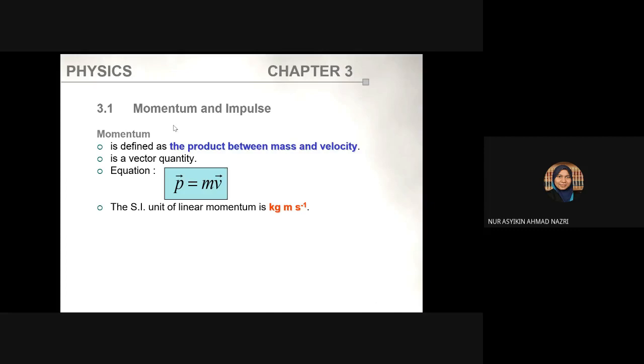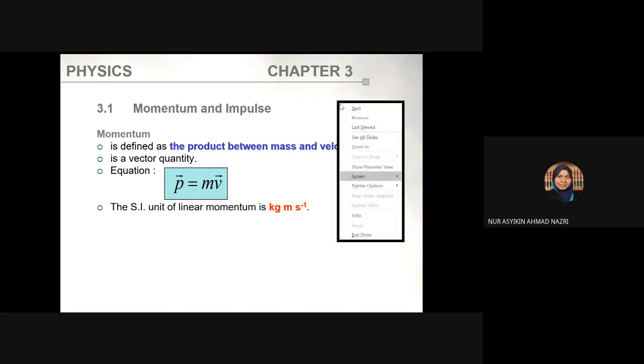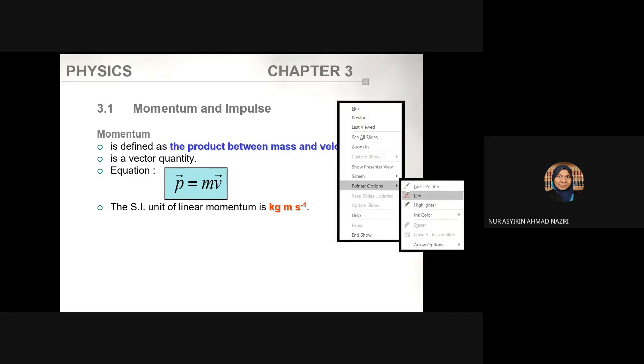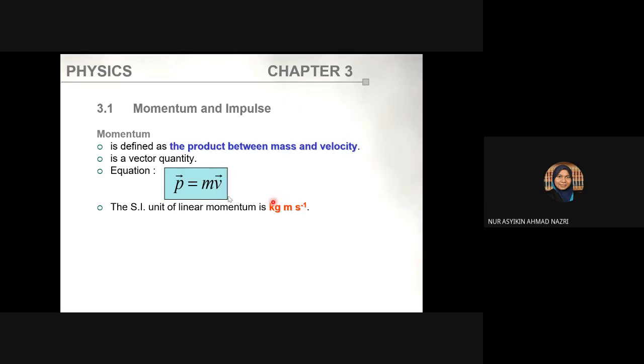So what is momentum? Momentum is the product between mass and velocity. And the unit, we take the unit for the mass as kilogram, and the unit for the velocity as meter per second. Alright, it must always be meter per second because this is the SI unit. Cannot be kilometer per hour.